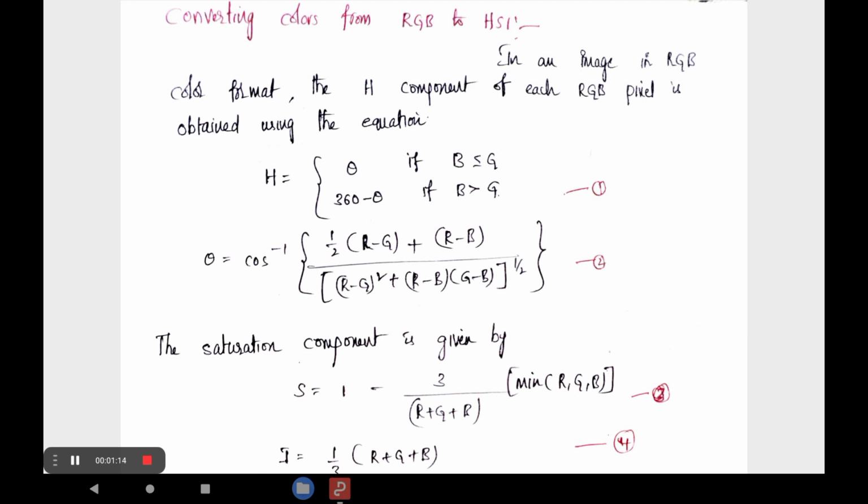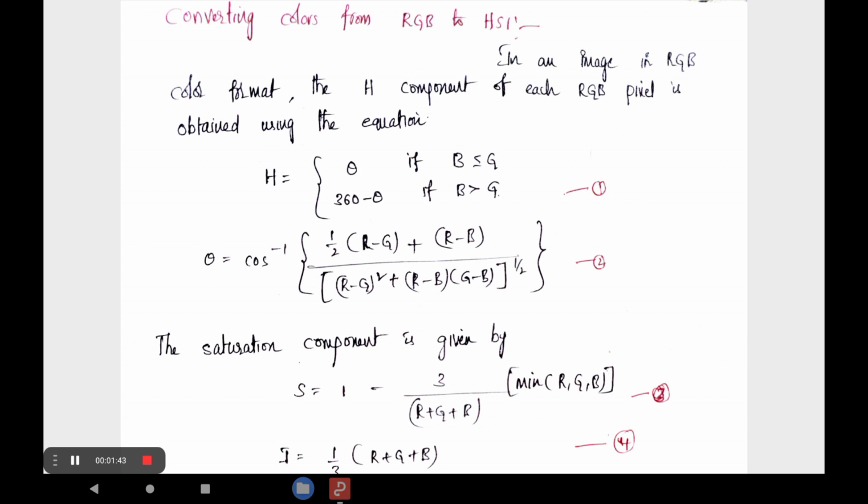S represents how much the color is diluted in white, which is nothing but a white color. And I represents the intensity, also called brightness. We cannot measure that physically. So that is what is meant by H, S, and I.